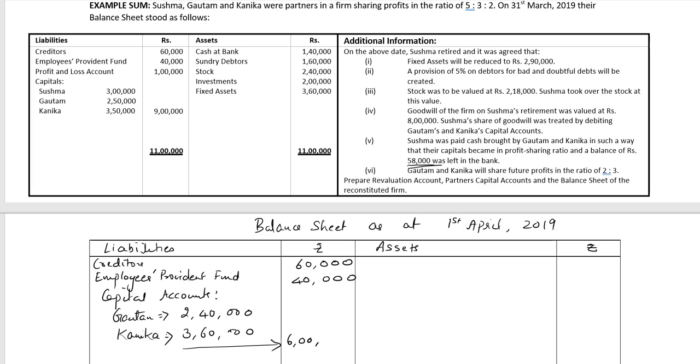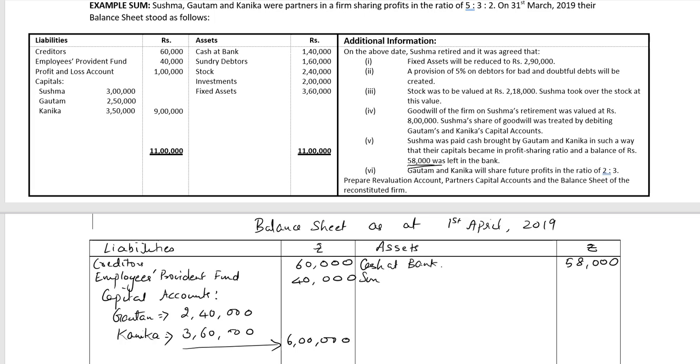Total 6 lakh rupees. Cash at bank. We approach the sum on the basis of a balance of rupees 58,000 being left in the bank. So the amount here will be 58,000 rupees.